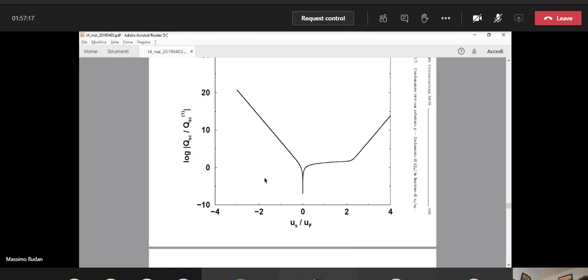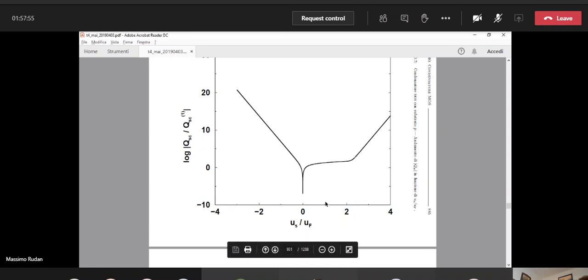We can distinguish at this point different regions, okay? One was already discussed. It is the region for negative US. Then we have the value of US equal to 0. That is the flat band, where we have the charge in the semiconductor equal to 0. Then we have the values larger than 2 UF. And then we have the region in between.